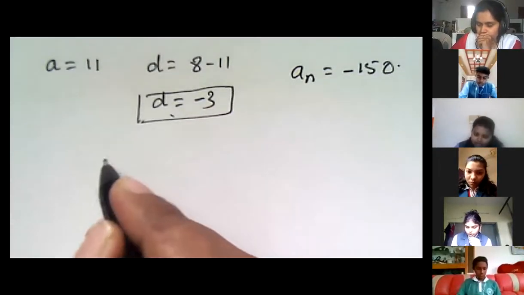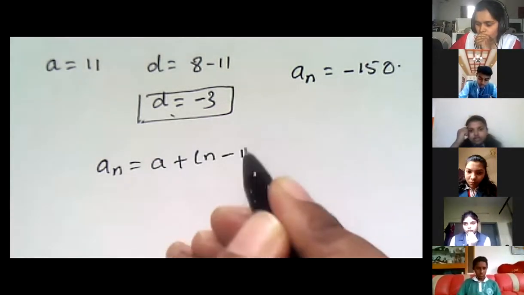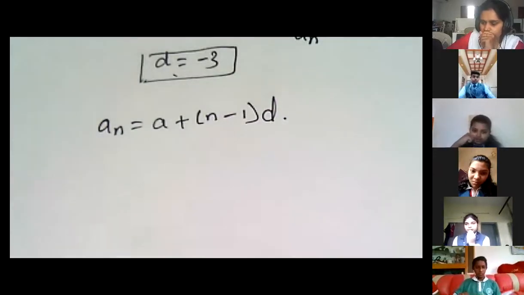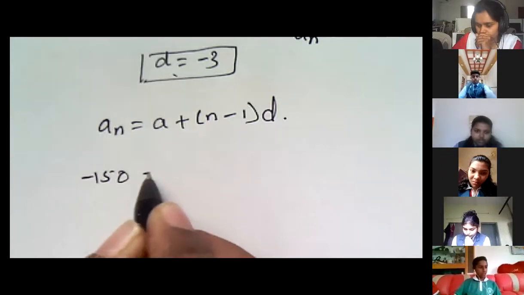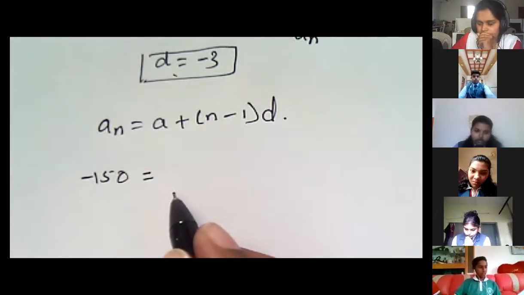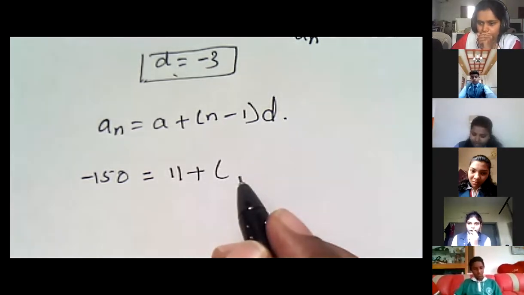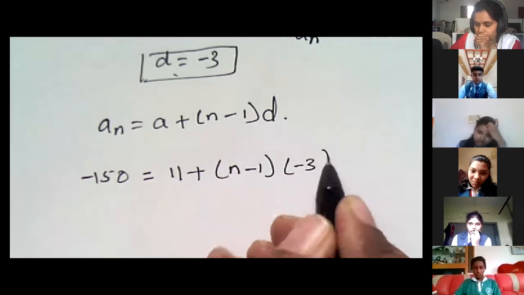an equals a plus n minus 1 into d. Now substitute an as minus 150, then a is 11, and we need to find n. n minus 1 into minus 3.